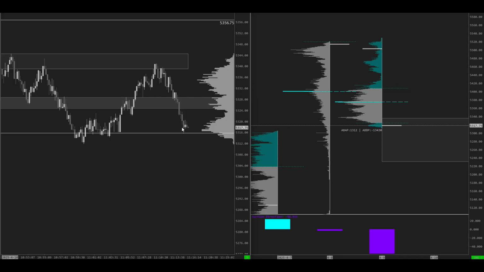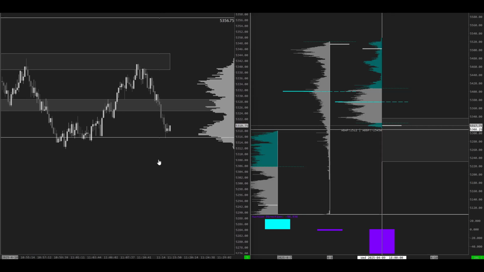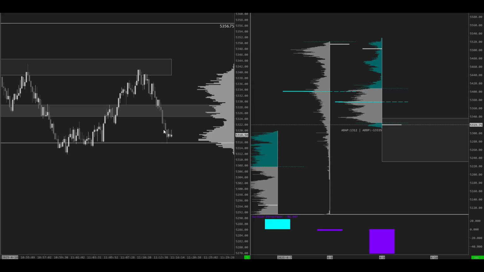If it has a really shallow bounce and sells, that's even stronger. Shallow bounces into more selling are one of the best signs of a bearish imbalance.